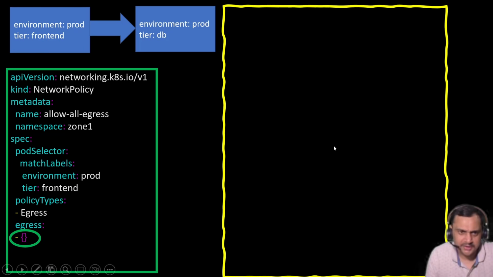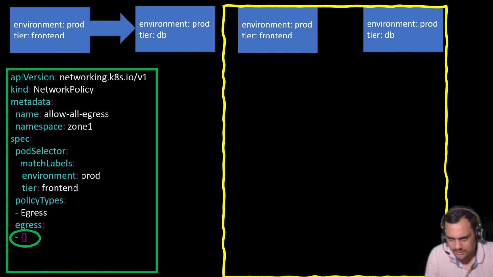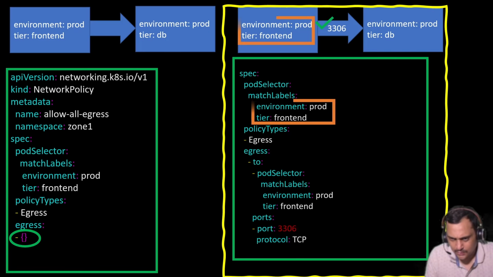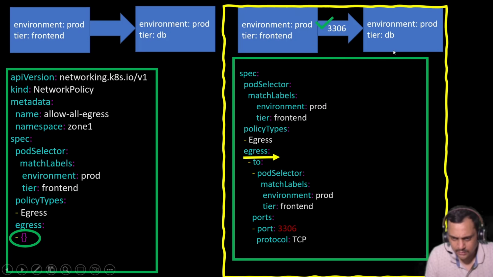Let's take another example. Same, we have two pods and we want to forward only 3306 traffic towards tier equal to DB pods. What we can do here, in the manifest file, we will attach tier equal to frontend same as before.